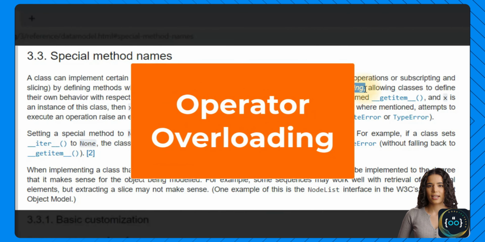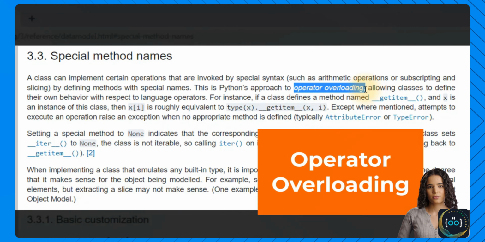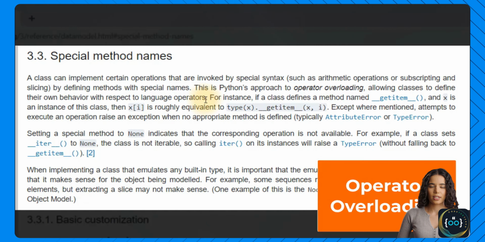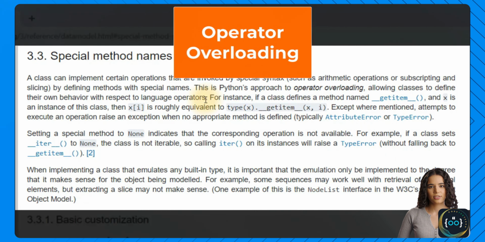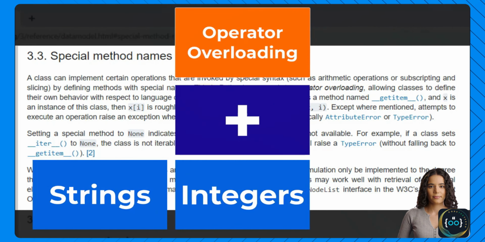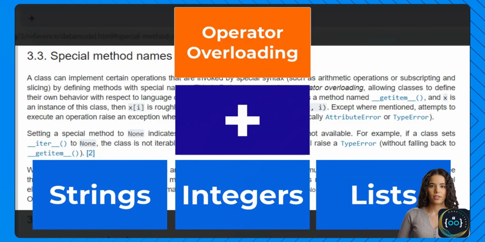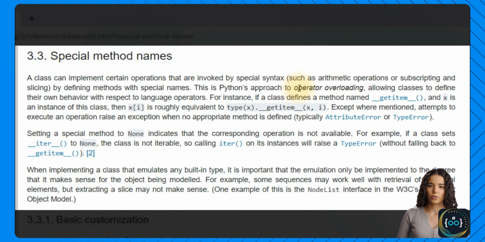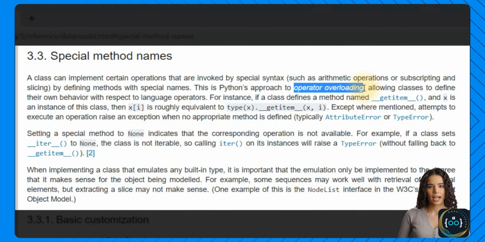Operator overloading is just basically customizing what happens when we use a specific operator of the language with a specific data type. For example, with the plus operator, we can concatenate strings, we can add integers, and we can also concatenate lists, but the behavior of the operator is different for each data type that we work with. That is basically how operator overloading works behind the scenes. You can provide different functionality for different data types with the same operator.